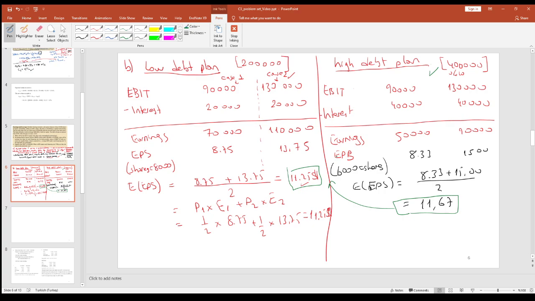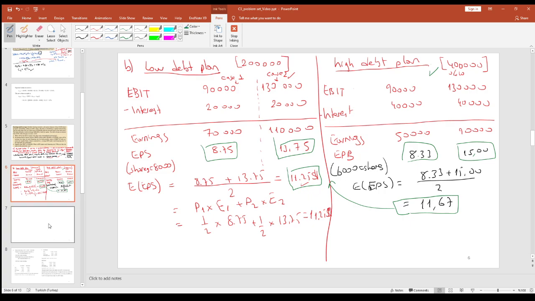The higher risk shows up in the fact that earning per share for the high debt plan is lower than for the low debt plan when EBIT is low. Please pay attention to here and here. But earning per share for the high debt plan is higher when earnings before interest and tax are higher. So this is what we are trying to say: $15 is higher than $13.75.